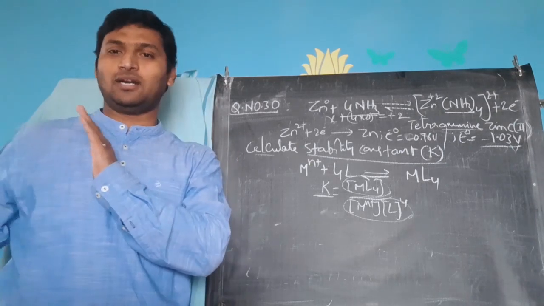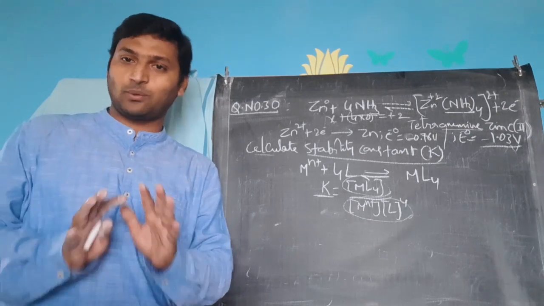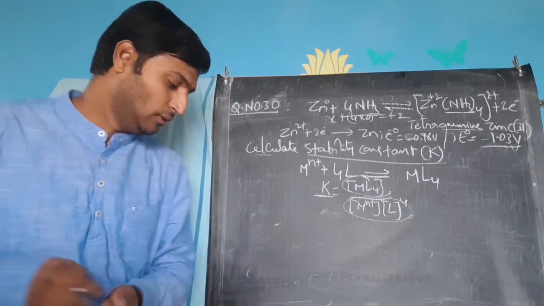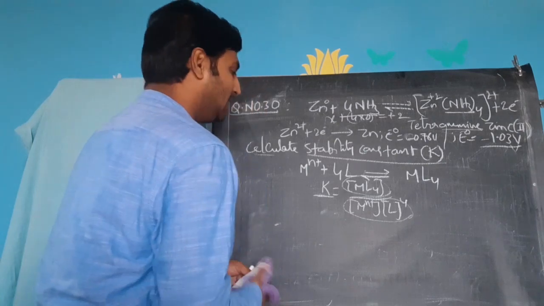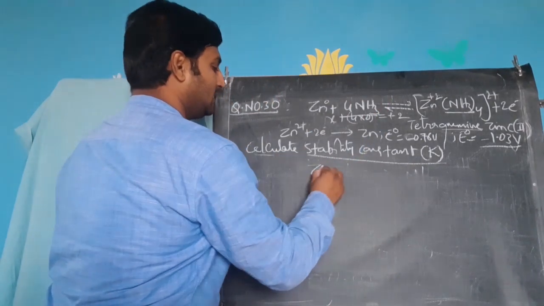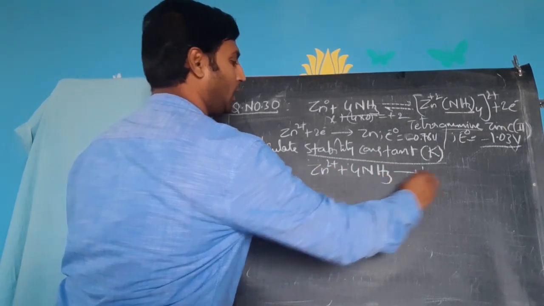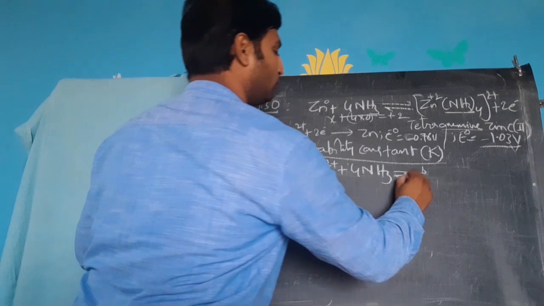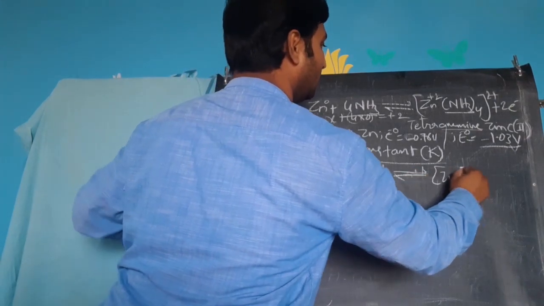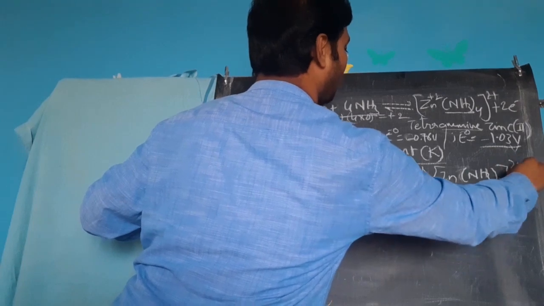Same thing you are going to learn in coordination chemistry also, and I think it is not too difficult to understand, that's why I took it up here. So if you come to the present complex which is given, zinc cation is combining with 4 ammonia molecules to form the tetraammine zinc 2 complex, right?